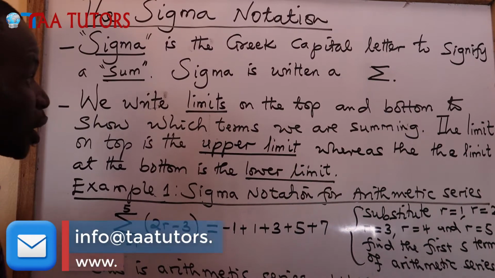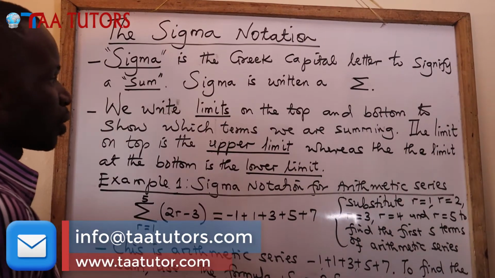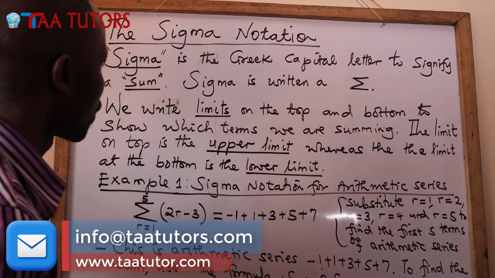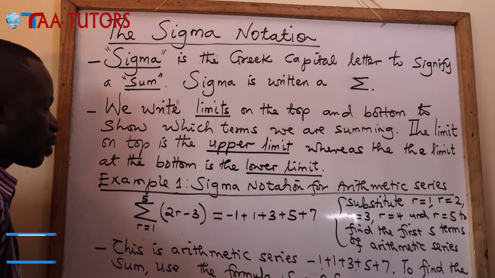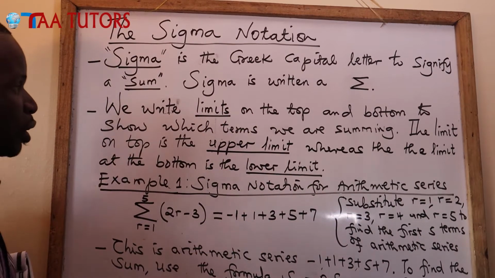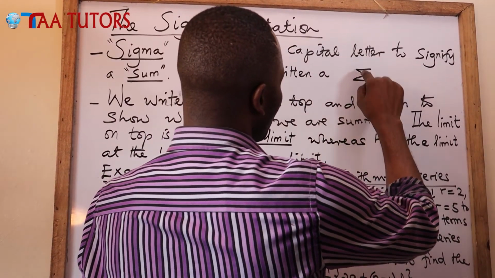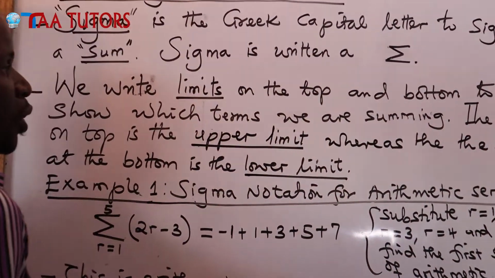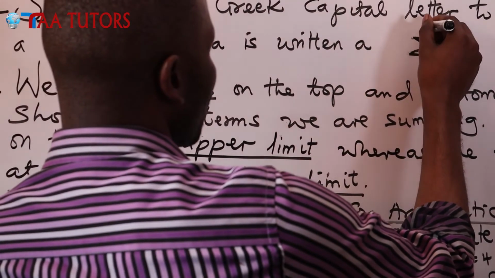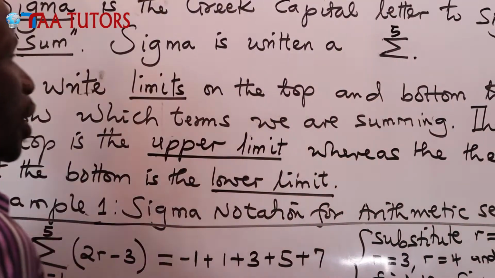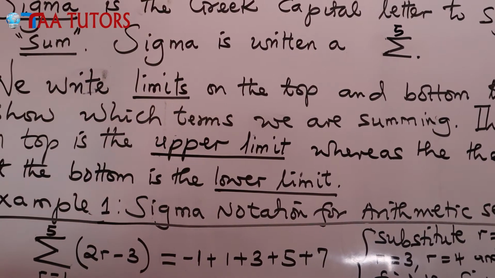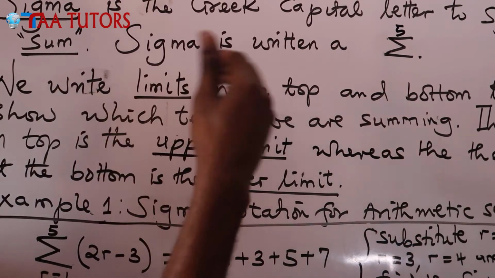When you have that, it tells you to add the terms in a particular sequence. Now, when we use a sigma notation like this one, you will always have the limits. One limit will be at the top, another one at the bottom. If I have, for example, 5, it means that I want us to get up to the 5th term.